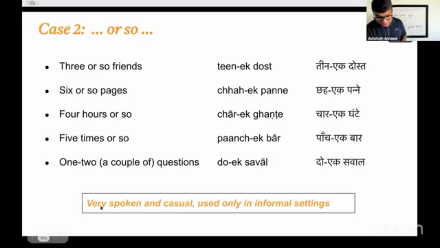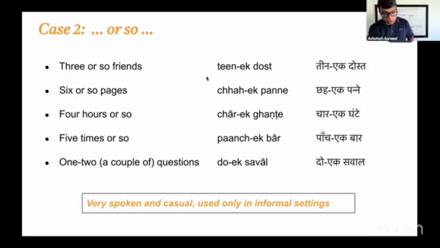So just the trick here is it's spoken and in a very casual manner and used in informal settings. Ashu ji, is this only with cardinal numbers? Yes, that's right. Ordinal numbers are पहला, दूसरा. You will not put पहला एक or दूसरा एक.